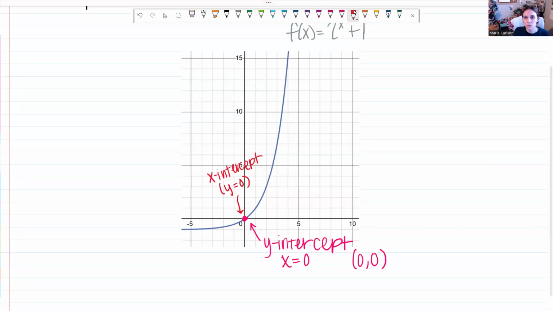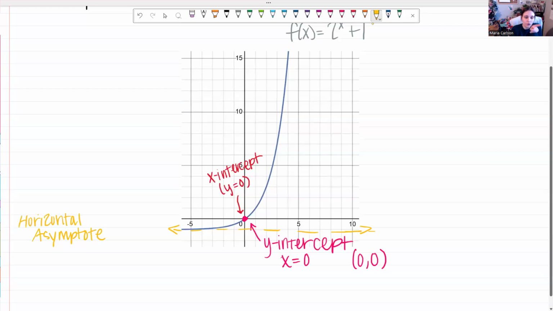The next thing that we're going to talk about in regards to this function is that horizontal asymptote that our function kind of bottoms out at. So we have this invisible horizontal line, or this horizontal asymptote, which is a y value that our graph approaches but will never actually touch.